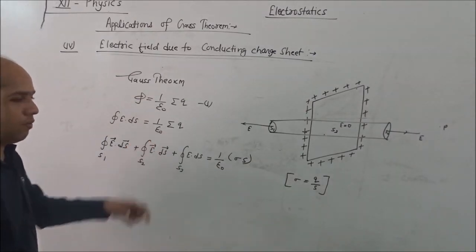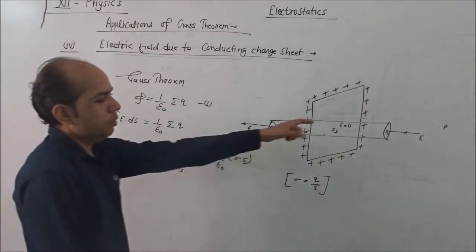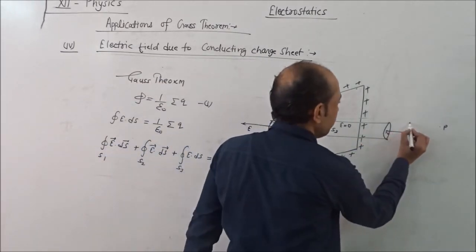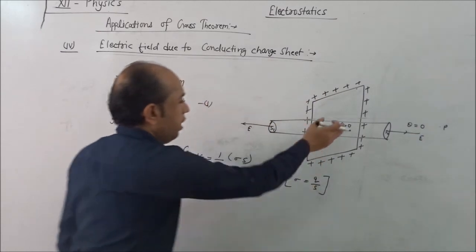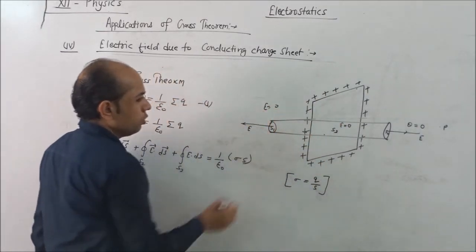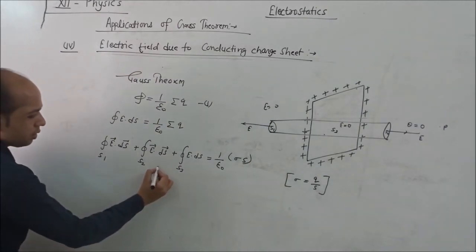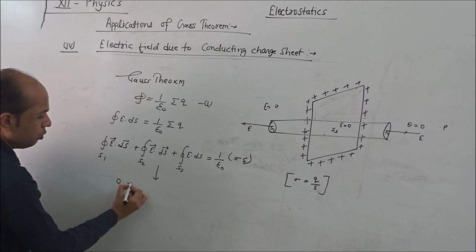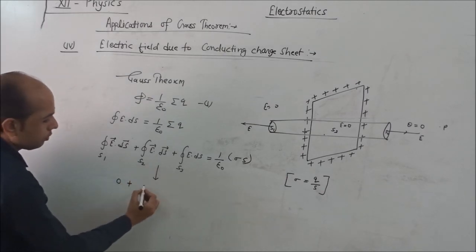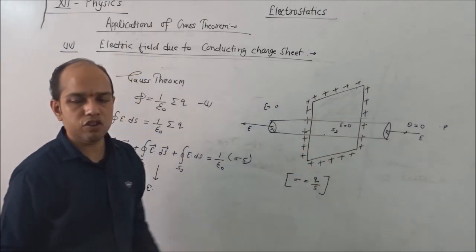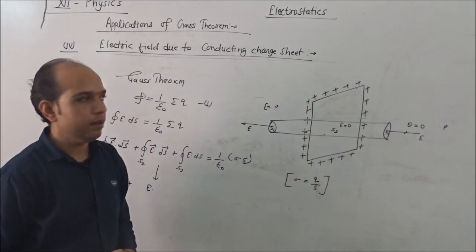Now we replace the value of theta. For the S1 surface, the angle theta is 0, and for the remaining part there is no charge, so it is 0. So only for the S2 surface we have some value, and the rest is 0. So 0 plus E, since this conducting charge sheet has no specified area.